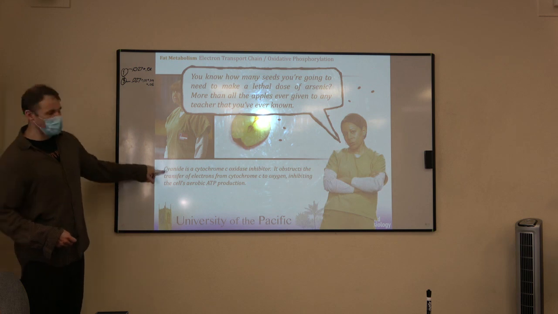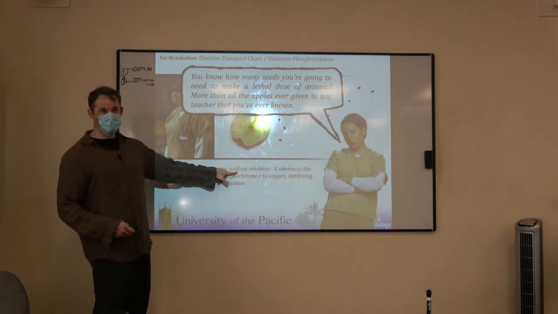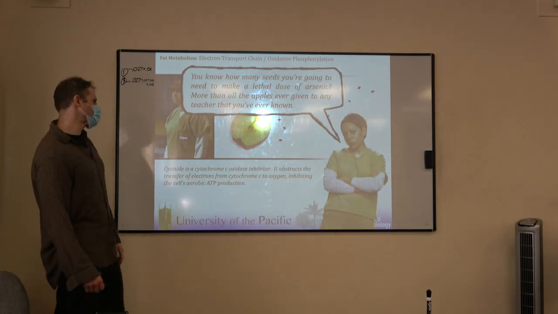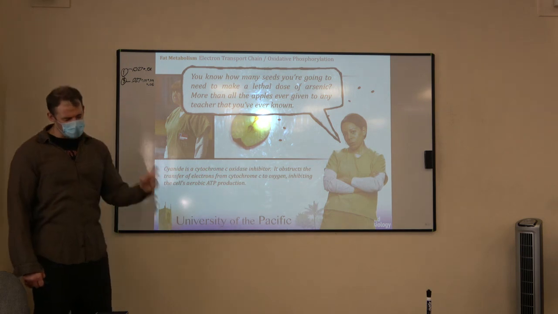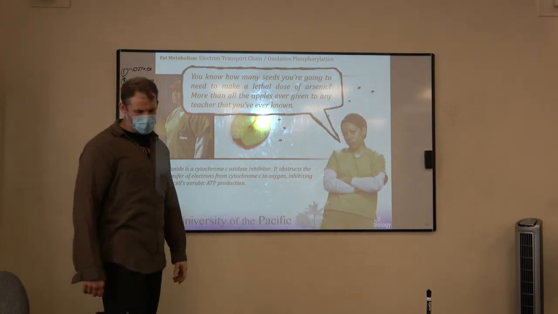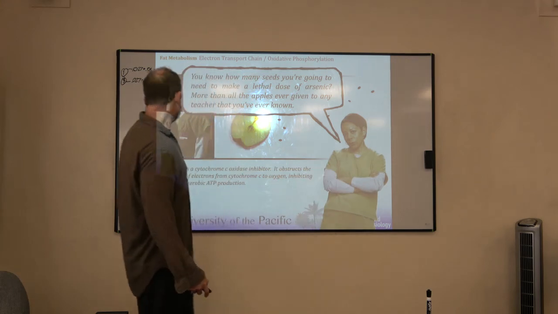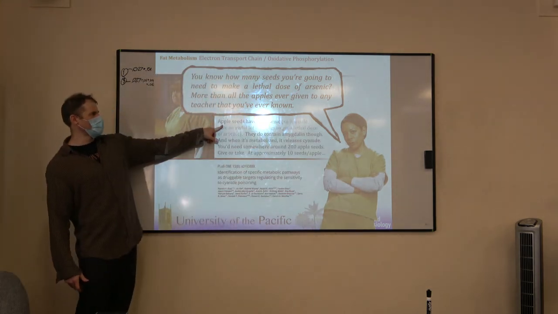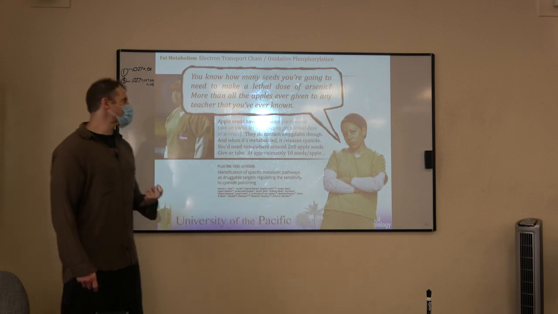Now, cyanide is an inhibitor of cytochrome C oxidase. That's the fourth complex in the electron transport chain. It transfers electrons from cytochrome C to oxygen, at the very end of the electron transport chain, to make water. Cyanide is an inhibitor, and apple seeds don't have any arsenic at all, but you can get cyanide out of them.